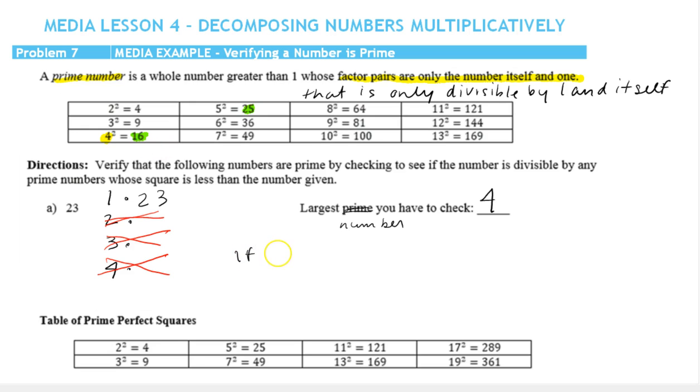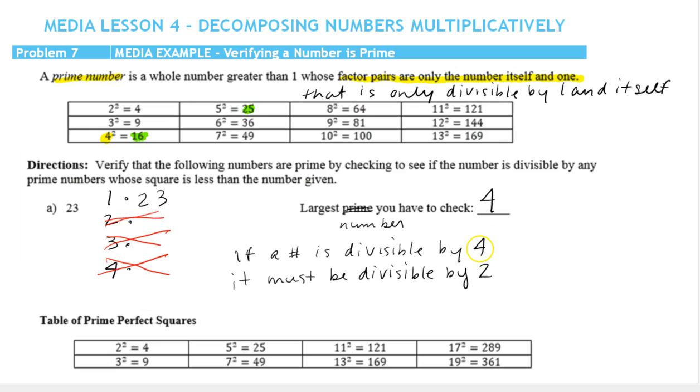If a number is divisible by 4, it must also be divisible by 2. The reason for this is that 4 is divisible by 2, so if the number is divisible by 4, it will also be divisible by 2.